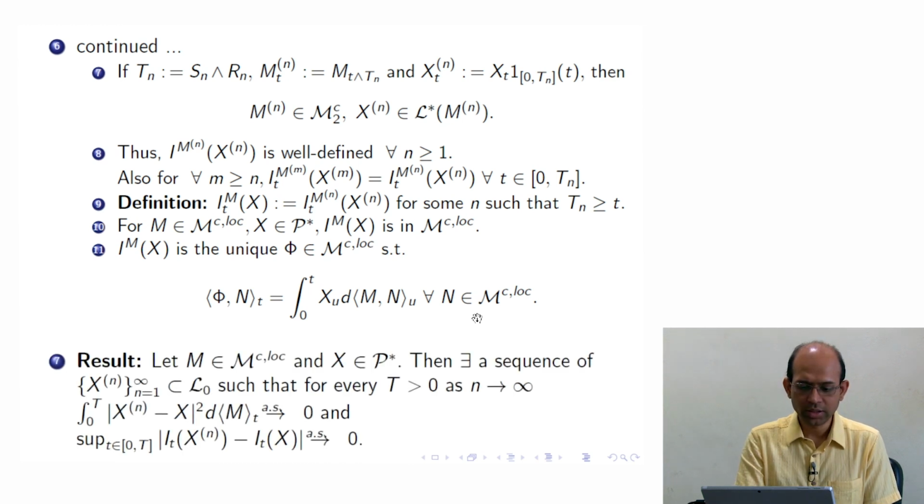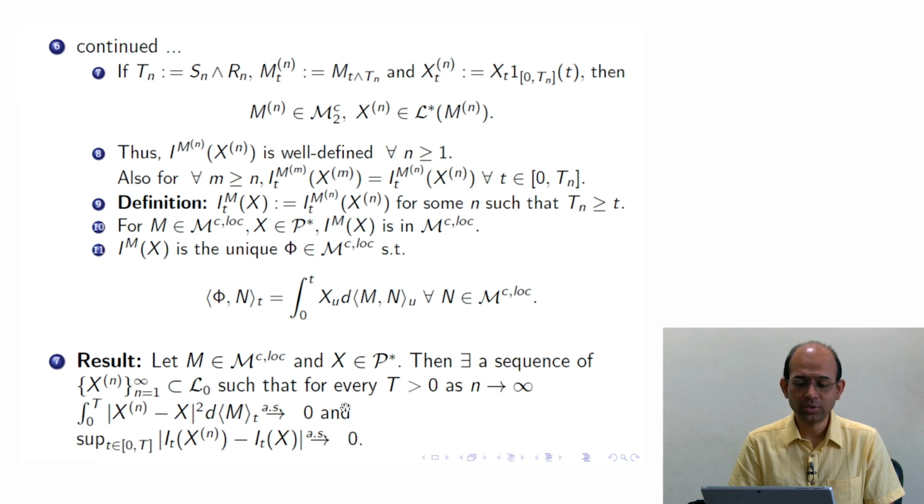So the stochastic integration of x with respect to m is the only process for which you get this identity. There is also another result: let m be a continuous local martingale and x be in P star. Then there exists a sequence of xn from the simple processes such that for every positive time capital T, as n tends to infinity, the integral of xn minus x whole square with respect to the quadratic variation dm_t goes to 0 almost surely.